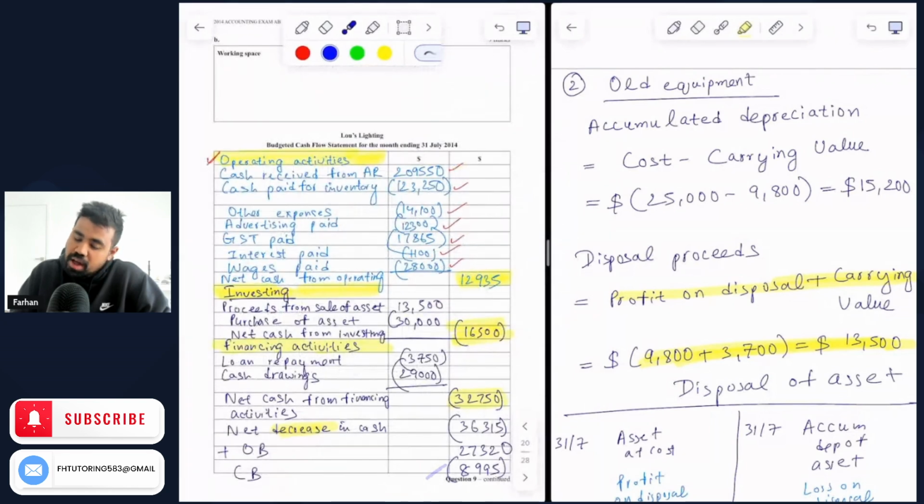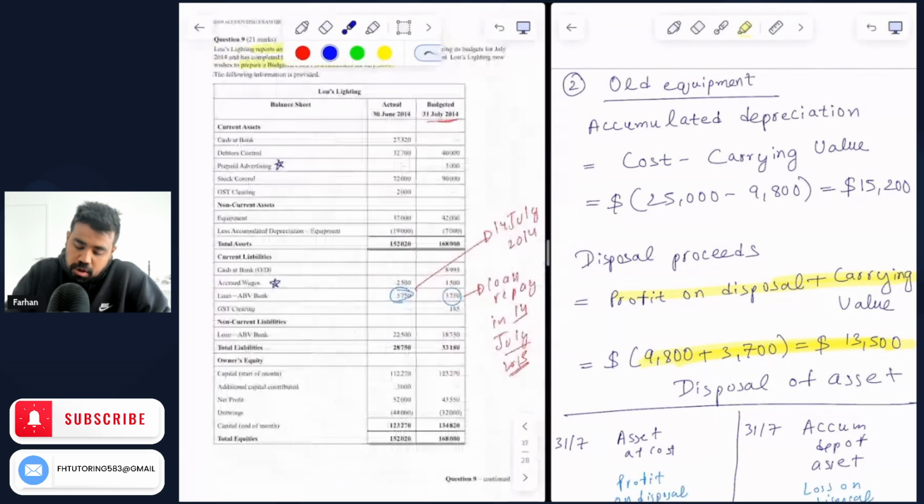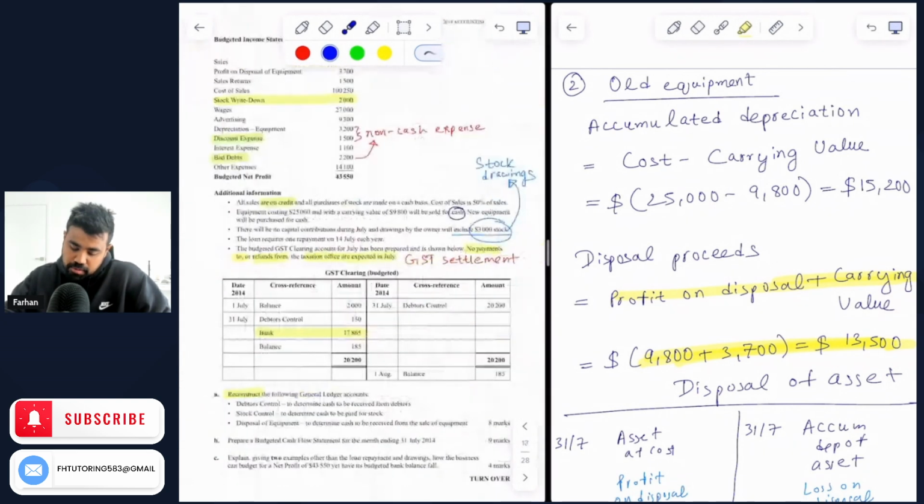This is verified by the bank overdraft within the current liabilities section for 31 July 2014 of $8,995. So, two examples.